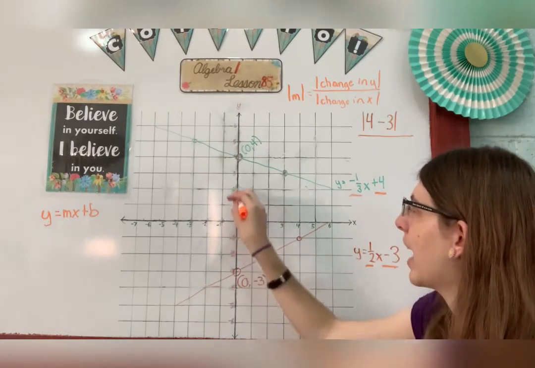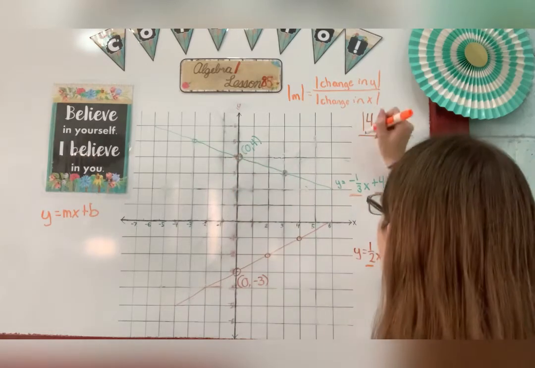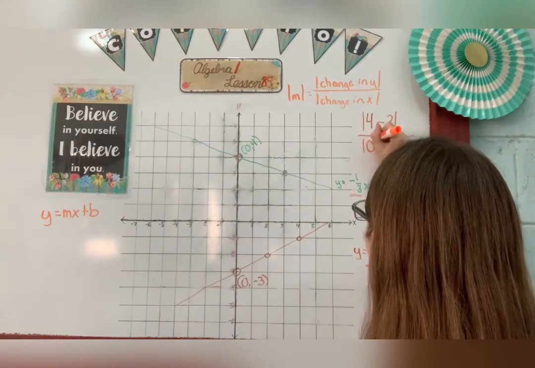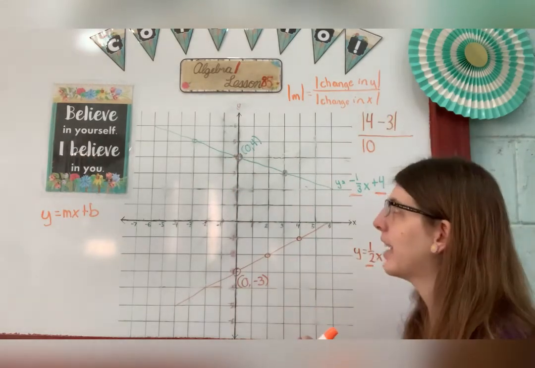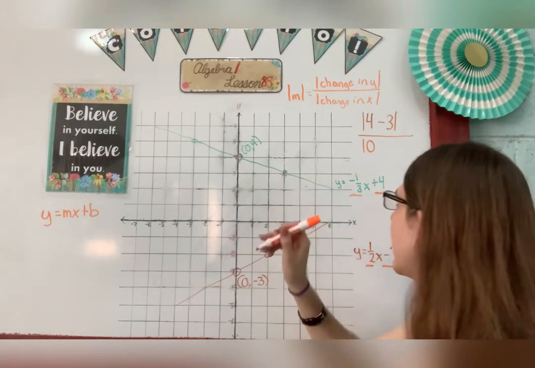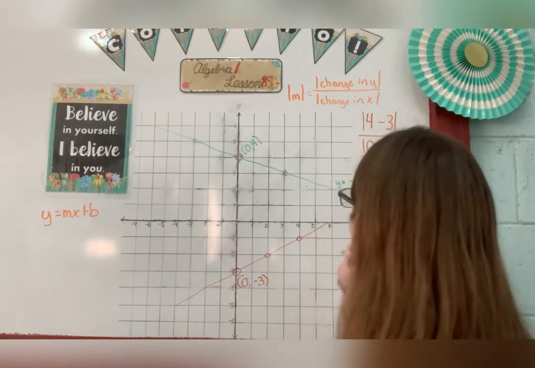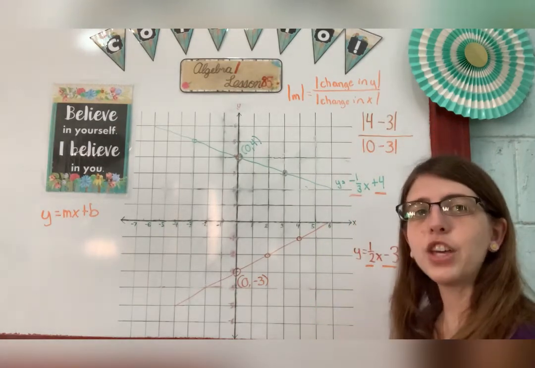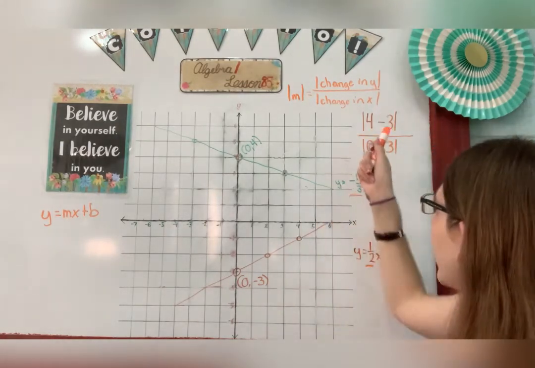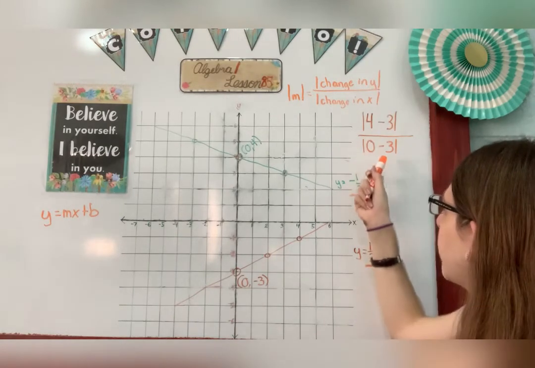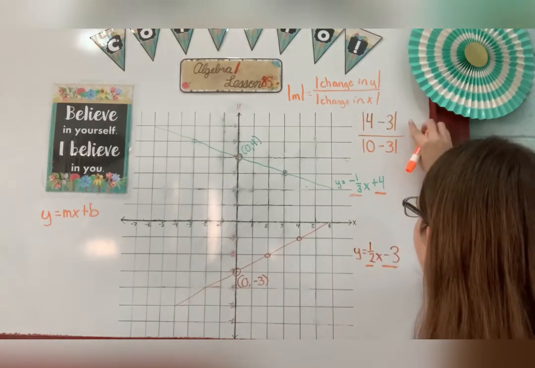So my first x here is 0. My second x here is 3. So the absolute value of my slope is 4 minus 3 over 0 minus 3.